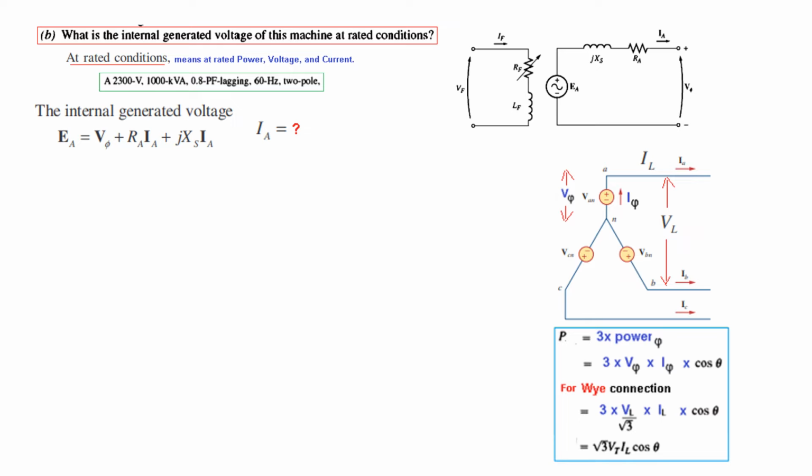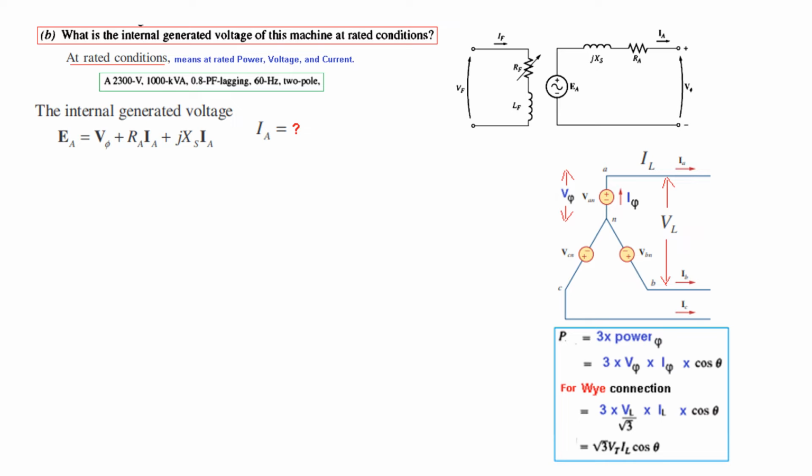Also, when we talk of power, the power is actually 3 multiplied by the phase power, and phase power can be written as V phase, I phase and cos theta when we are representing the power in watts, which is the case on the output side of the circuit. For Y connection, V phase is actually V line divided by root 3, so our equation will become this equation. You can remember this for whether it is a delta circuit or a Y circuit. This is the formula for total power.